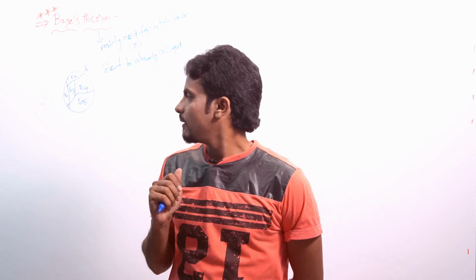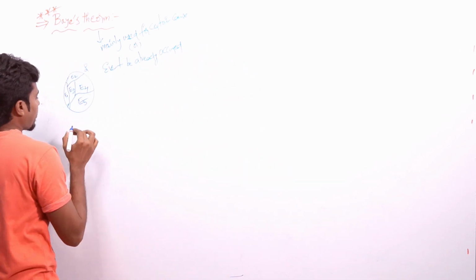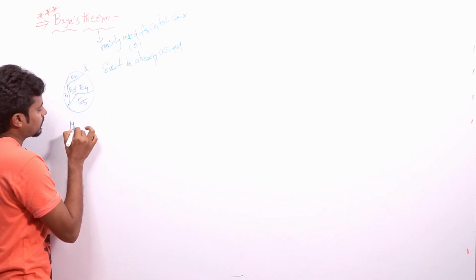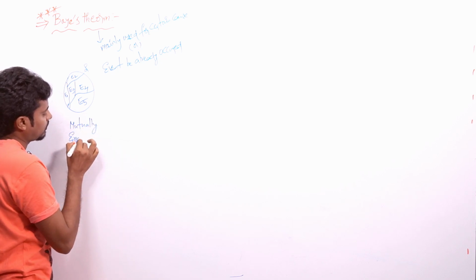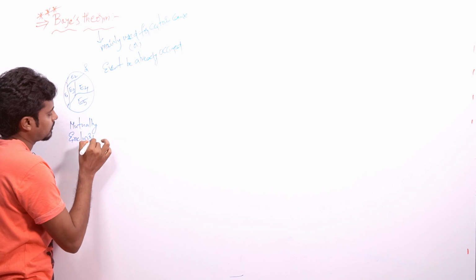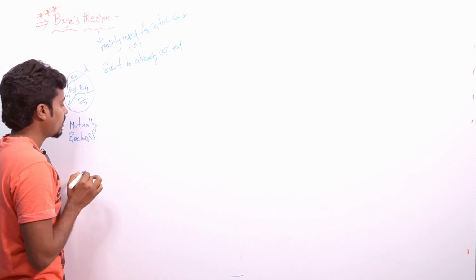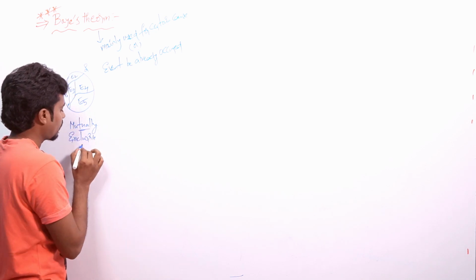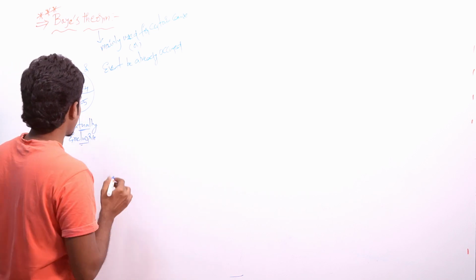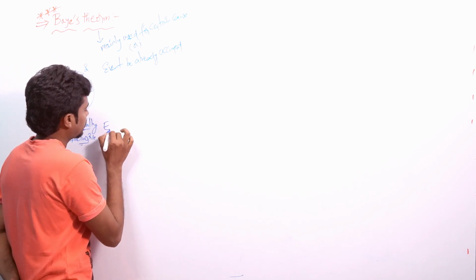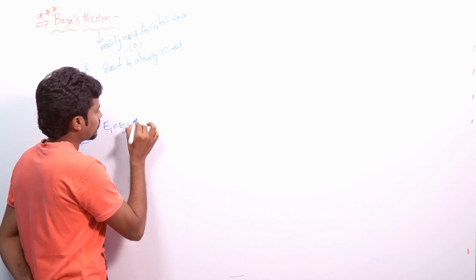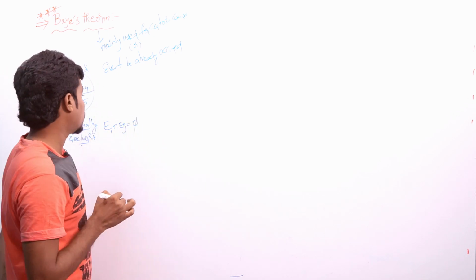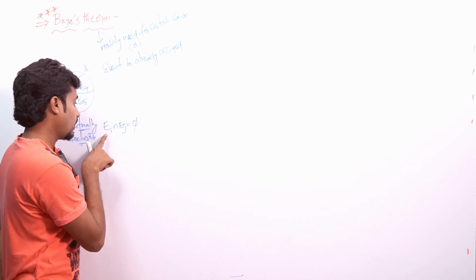The first condition is mutually exclusive events. Mutually exclusive means that if I take Ei intersection Ej, that will be equal to phi.